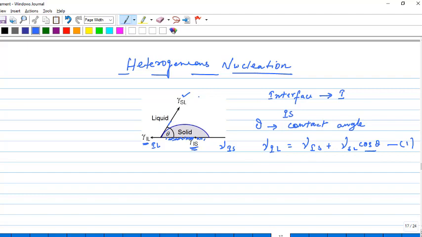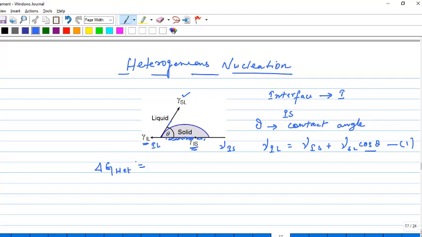Theta will also have a role to play in the free energy change. So now if you look at the free energy change for this case, that is delta G heterogeneous, then here also there will be two contributions like before.